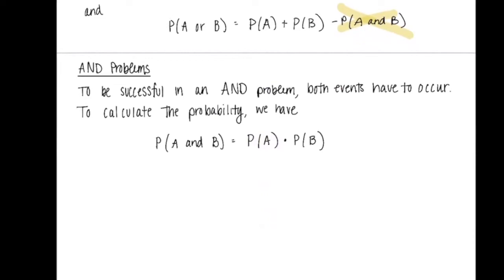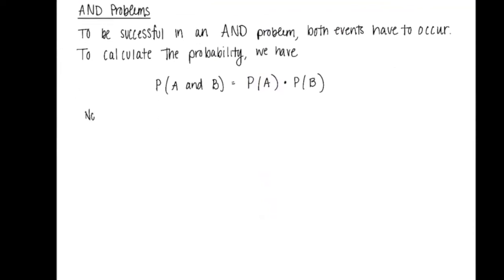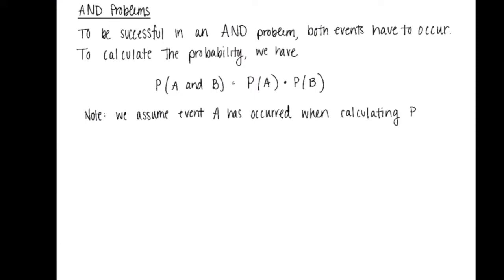As just a note, B is that second event, so we assume event A has occurred when calculating the probability of event B. So let's try some examples and see what we mean by this.